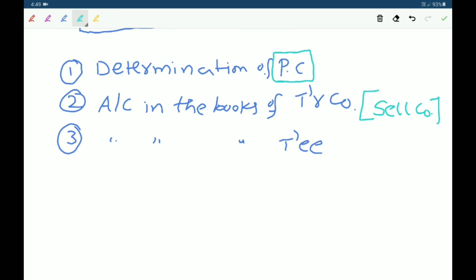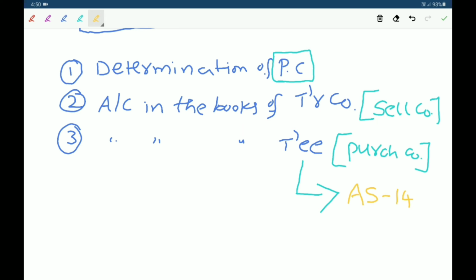Next, accounting in the books of transferee company, that means purchasing company. AS 14 covers only the books of the transferee company.